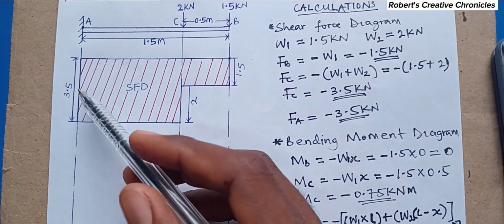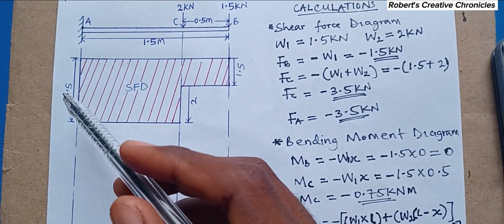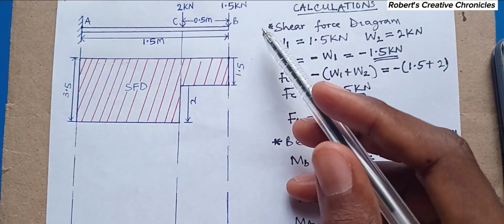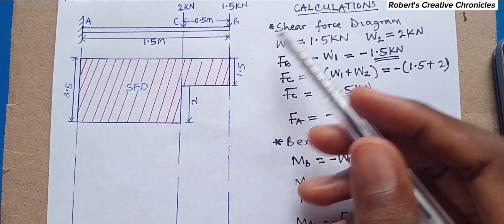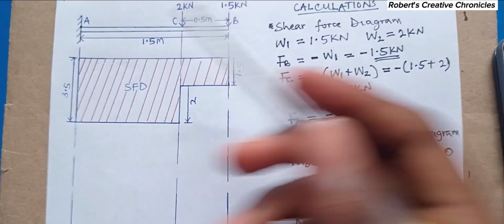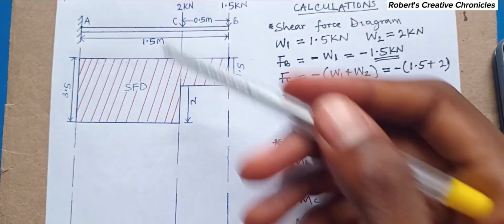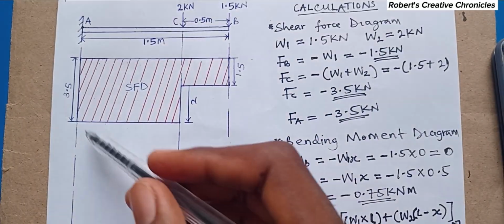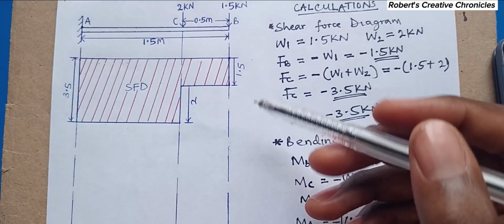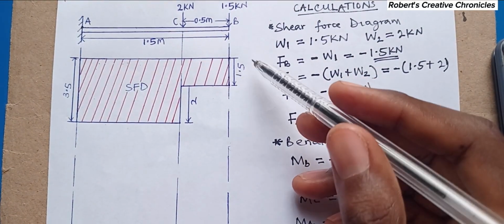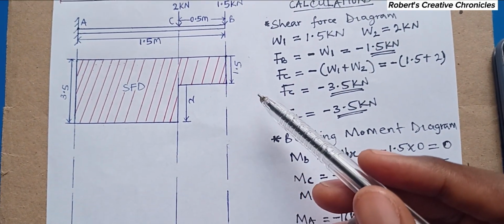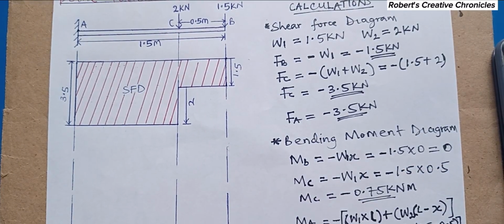Can be centimeter or millimeter or inches, any scale you want to take. So I just took a scale of 1 centimeter to 1 kilonewton. So anything is equivalent to the centimeter. If it's 2 kilonewton, it's 2 centimeter I'm using. Here will be 3.5 centimeter if you measure it. But you can also do a rough sketch. The main thing is to get the idea of how to draw the diagram. The scale is not a problem. You can draw it to any scale you want. So let's now do the bending moment diagram.